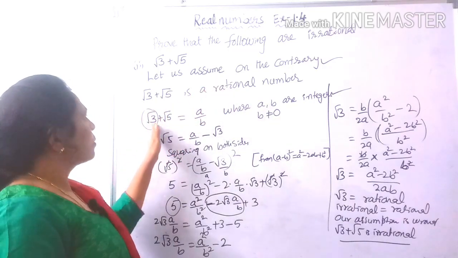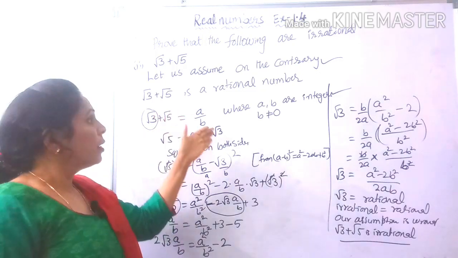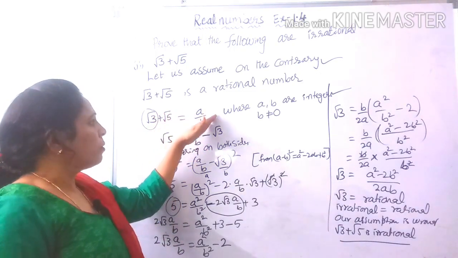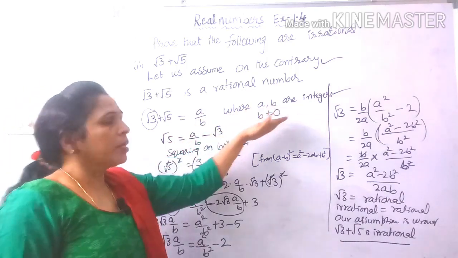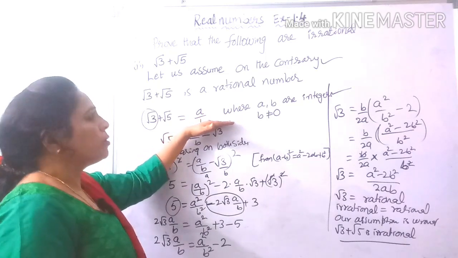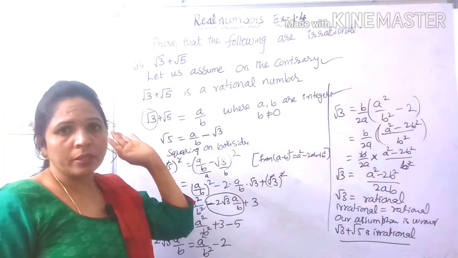So root 3 plus root 5 is equal to a by b, where a, b are integers, b is not equal to 0. The same two steps you have to follow for all sums in this exercise.